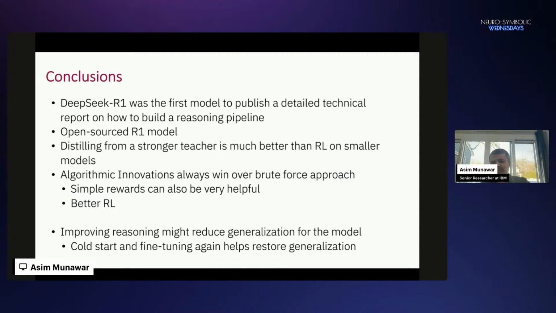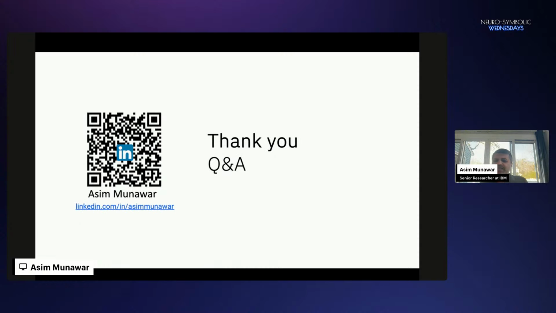So it's not feasible to train small RL models with a lot of reasoning data, with a lot of long chain of thought, GRPO, the same way that they did for R1 DeepSeek. Okay, and that's it. Thank you. We can take some question answers.